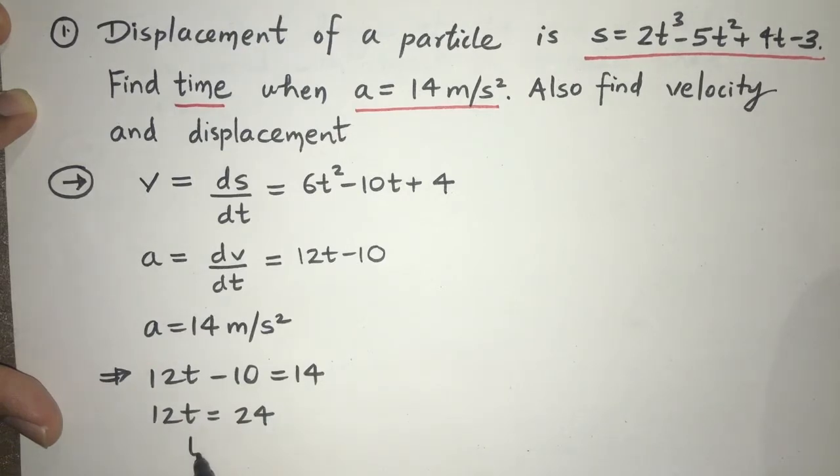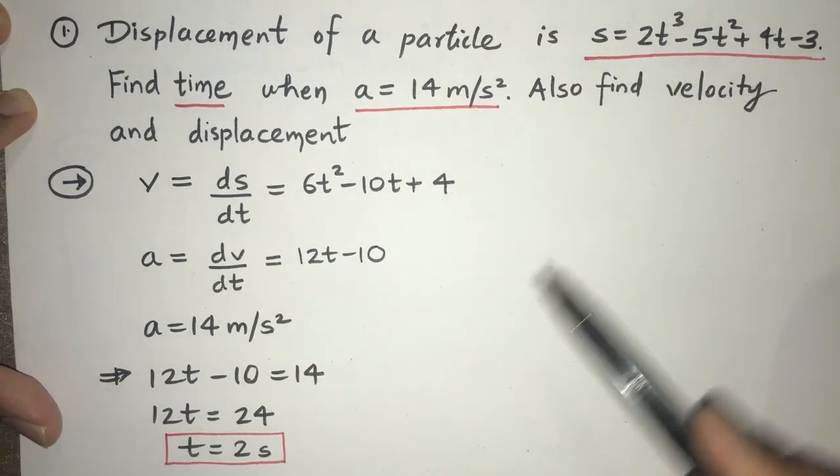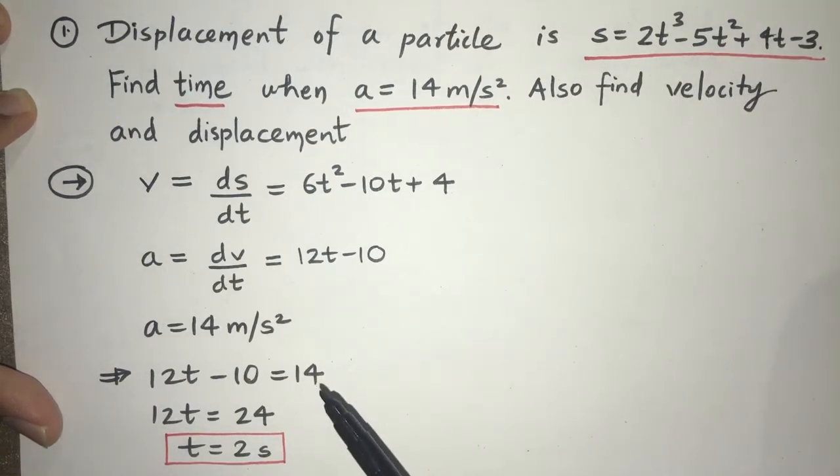So obviously, what is t equal to? We have t as 2 seconds. So that is the time instant when the acceleration of the particle moving with this displacement 2t cube minus 5t square plus 4t minus 3 is going to be 14, and the time instant is 2 seconds.